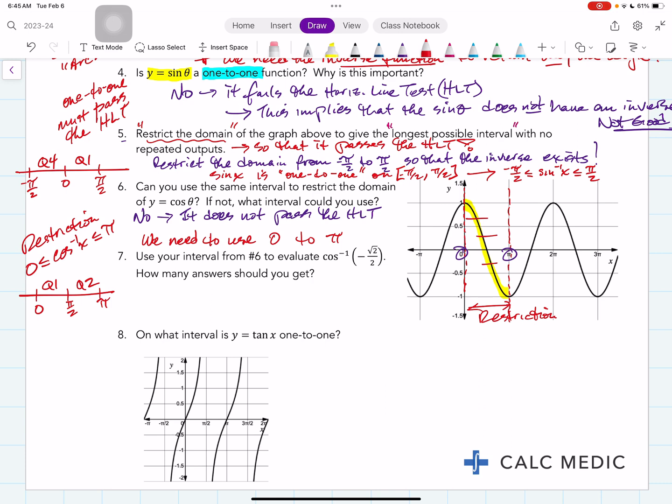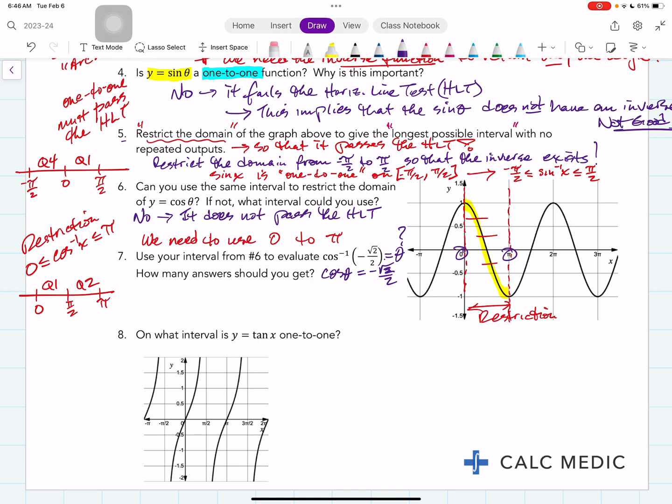When you take an inverse cosine of a ratio, what they're asking you is: the cosine of what angle theta gives you a ratio of negative root 2 over 2? So what would that theta be? This is an angle. The inverse function takes you from the ratio back to the angle that it came from, and you've got to answer that question. So what would it be?